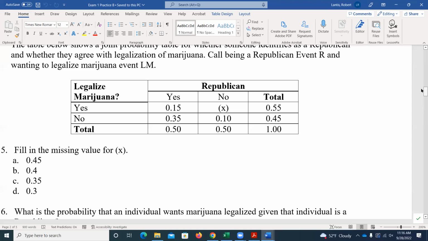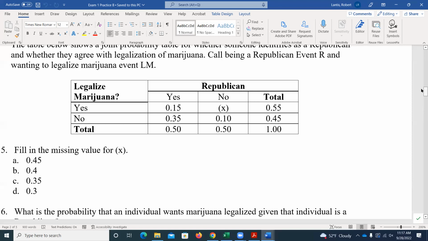So your event on the right-hand side that's not conditional should be the same as the first event you write, what's on the left-hand side of the line. Remember, this is what you're given to be true. This is still what you're looking for the probability of. So in both cases, you're looking for the probability that they want marijuana legalized. It's just that in the second case, you've got some additional information, right? You've got this given.